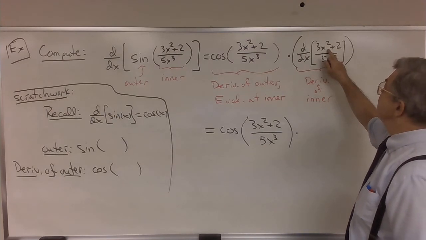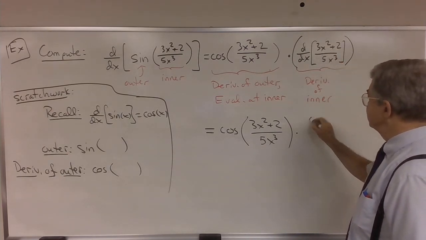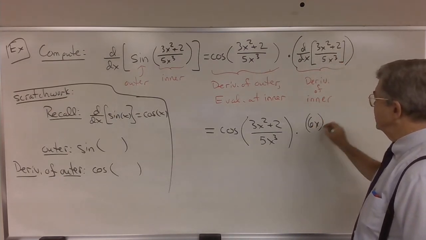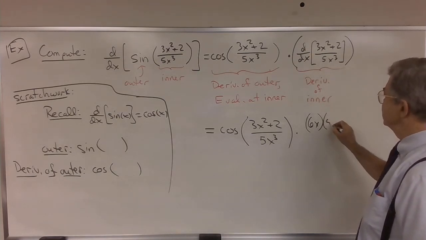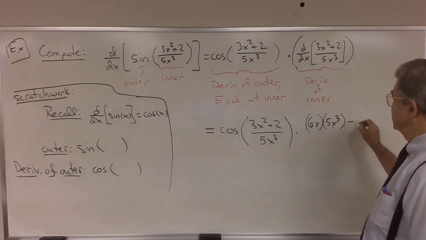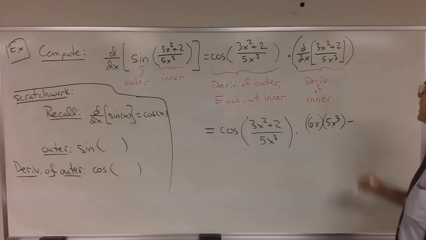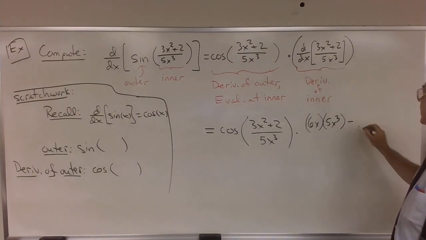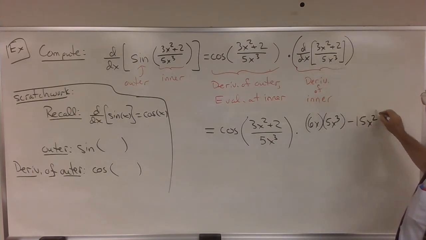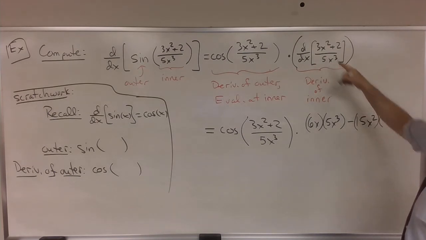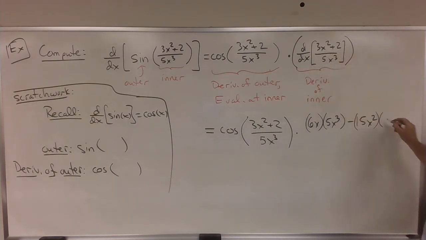So top prime, that's going to be 6x, times the bottom, 5x cubed, minus the bottom prime, 15x squared, times the top, 3x squared plus 2.